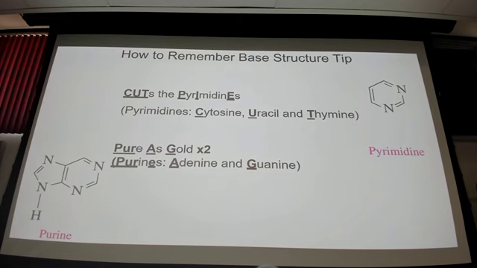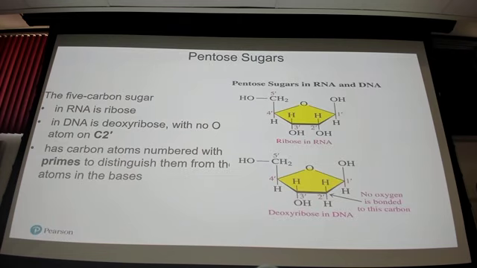And there are 2 ring structures in purines as shown here. Now both DNA and RNA contain a 5-carbon sugar, which is a ribose. The difference is that DNA does not have an oxygen off the 2' carbon as shown here.